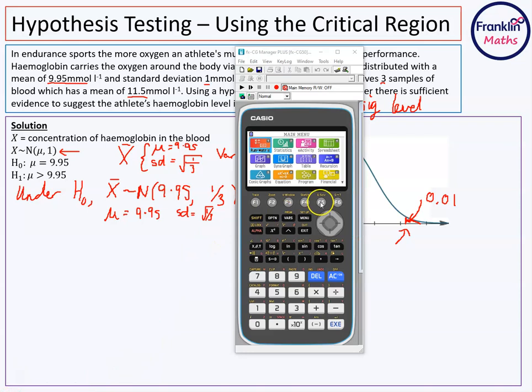Okay, so here's my calculator. I'm going across to stats, distribution, normal, inverse. I'm looking at a right tail, area of 0.01. My sigma is going to be the square root of a third.